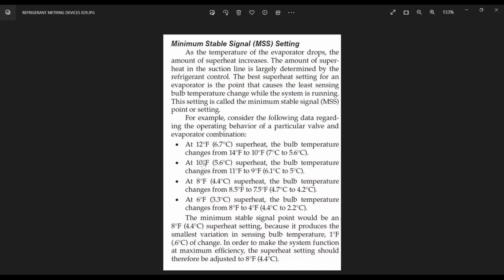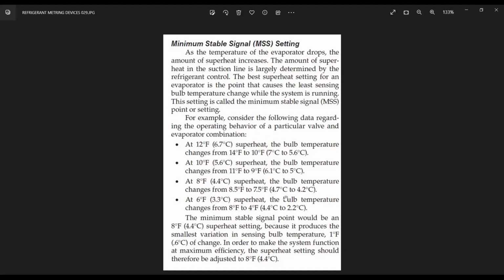At 5.6 degrees superheat, it goes from 6.1 to 5 degrees Celsius. At 4.4 degrees superheat, the bulb temperature changes from 4.7 degrees Celsius to 4.2. And at 6 degrees Fahrenheit or 3.3 degrees Celsius superheat, the bulb temperature changes from 4.4 to 2.2.